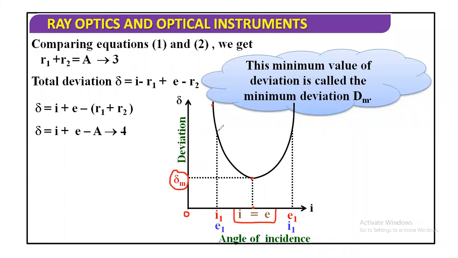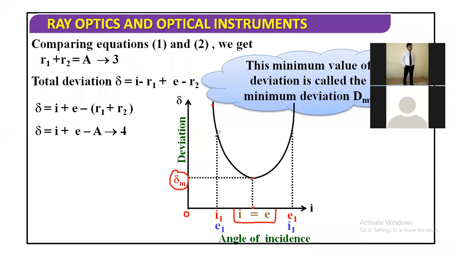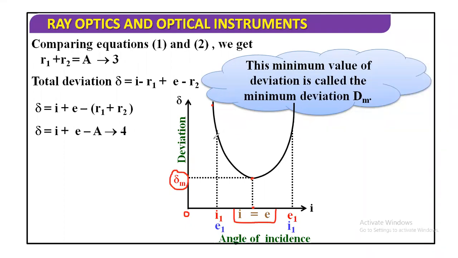The conclusion is that initially the angle of incidence is small, but the angle of deviation is maximum. But later on, at a point when the angle of incidence becomes equal to the angle of emergence, the deviation becomes minimum.